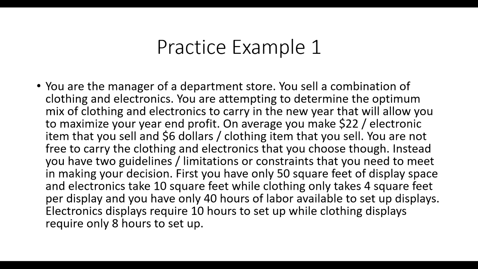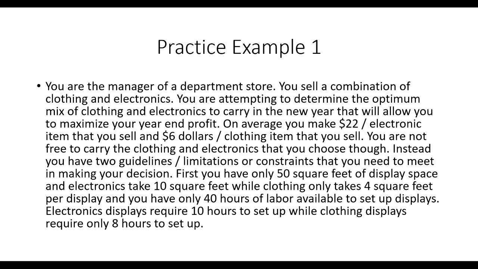You are the manager of a department store. You sell a combination of clothing and electronics. You are attempting to determine the optimum mix of clothing and electronics to carry in the new year that will allow you to maximize your year-end profit.